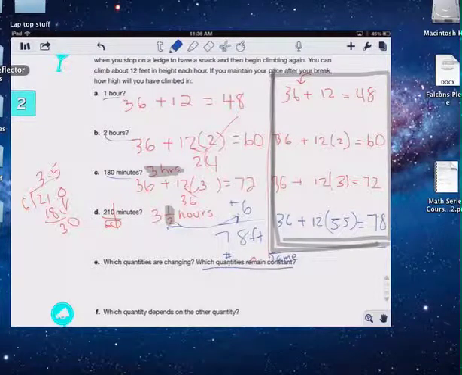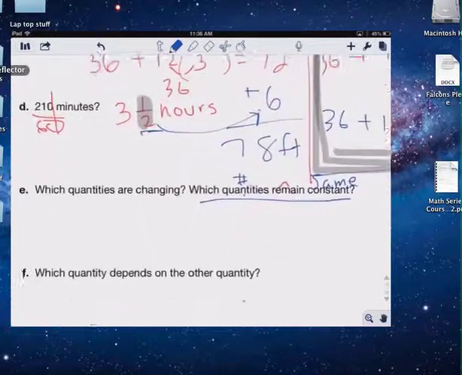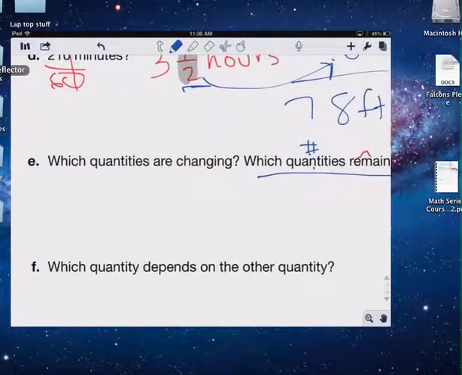Now, what number remained the same? 36 and 12.